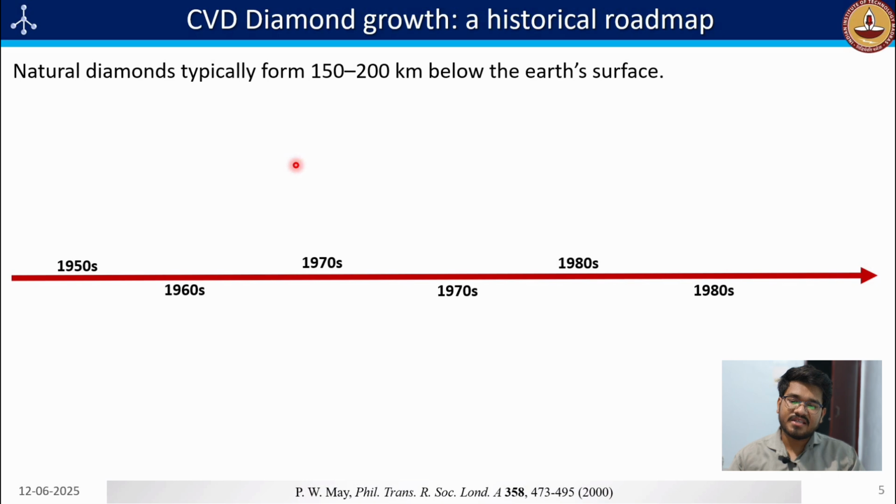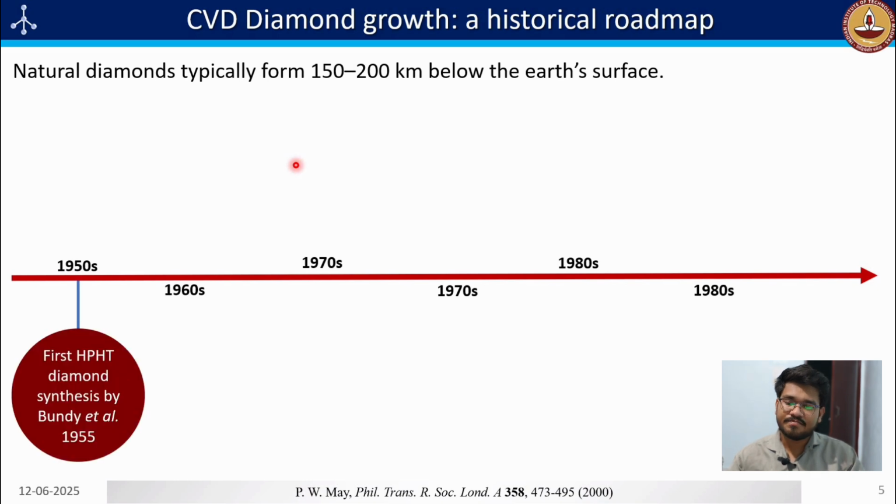In the 1950s, this group first synthesized diamond mimicking the natural growth condition of the earth. You use high pressure and high temperature and you have some carbon precursors. Basically if you pressurize it at high temperature then you will have diamond.